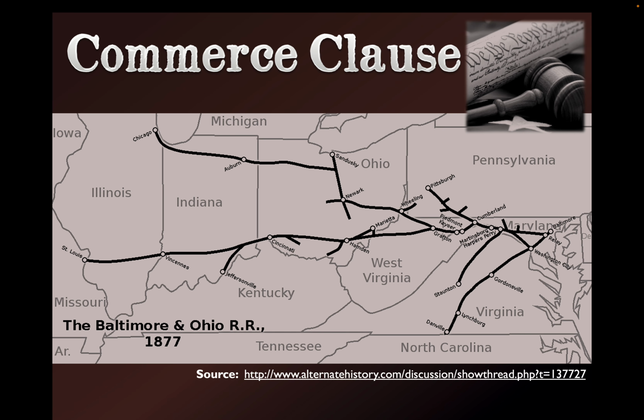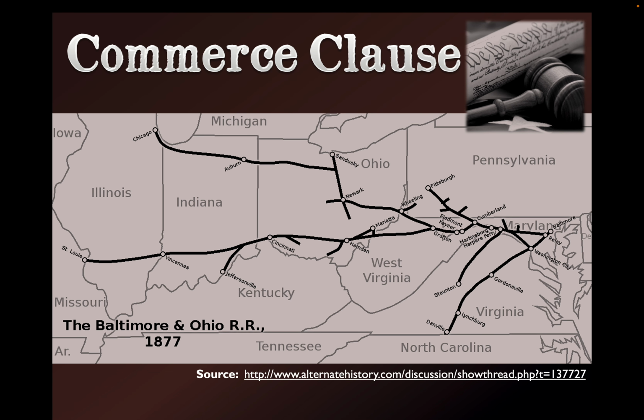What they had to do was send in federal military intervention. That means the national government sent in military personnel to stop the violence, stop the strikers in their tracks because of the Commerce Clause. They said they can send these federal military police in because this industry affected multiple states, not just one state.